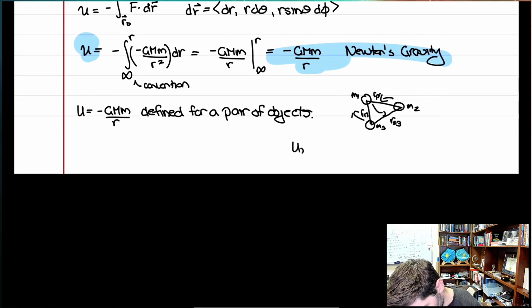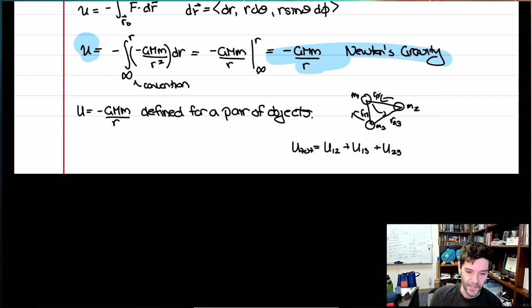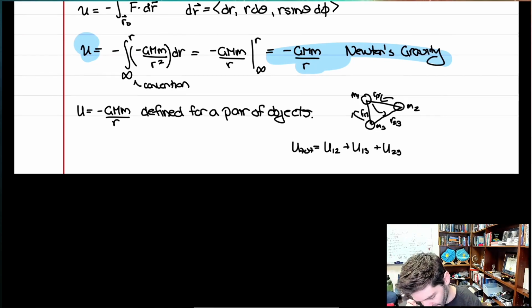So in this case, U total would be the potential energy associated with 1 and 2, plus the potential energy associated with 1 and 3, plus the potential energy associated with 2 and 3. The 3 possible interactions that can go on in this case.